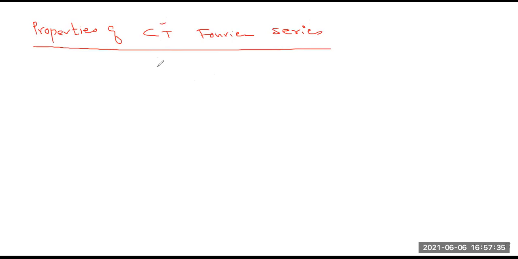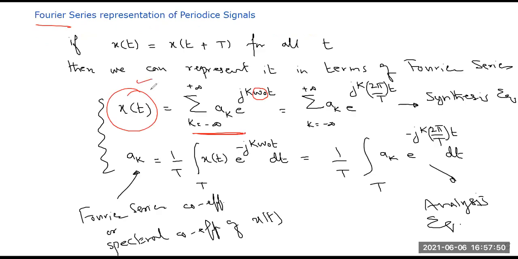So once we go through these properties, you will find out that depending upon what type of operation is applied on a given periodic signal, we will find out what will happen to its Fourier series. And those properties will help you to solve many problems.